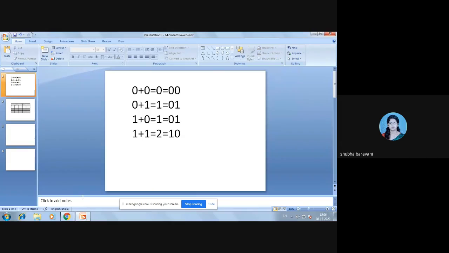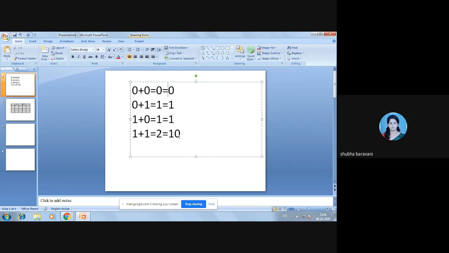Let's leave the first three operations because their output is a single digit number, whereas 1 plus 1 gives you 2, which is represented as 1 0.